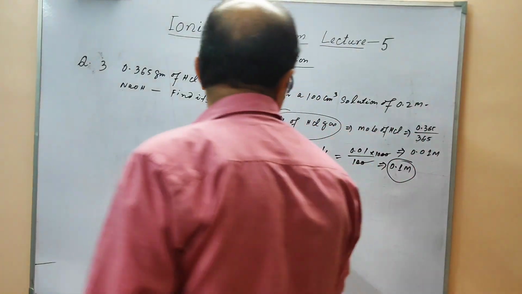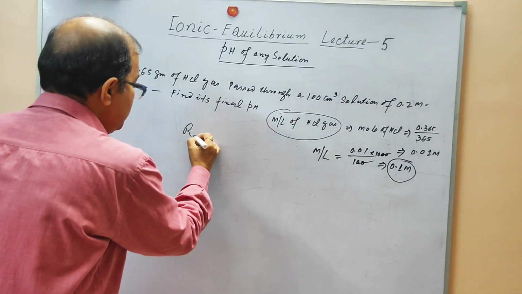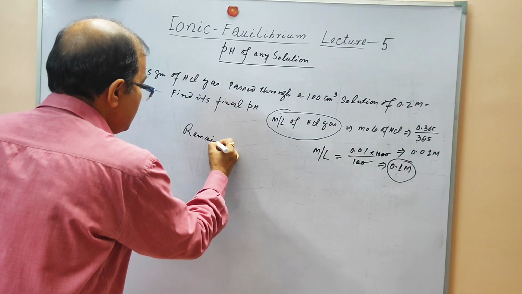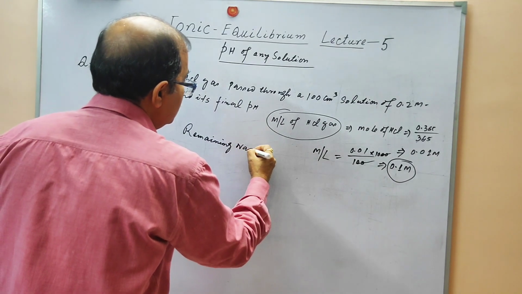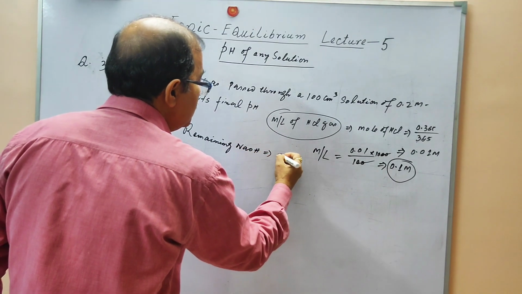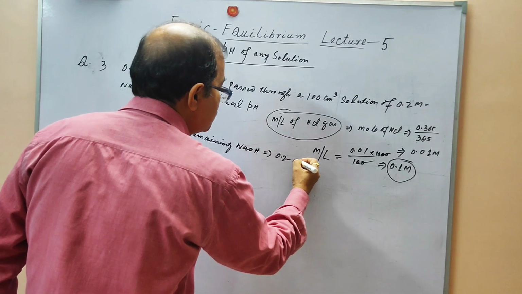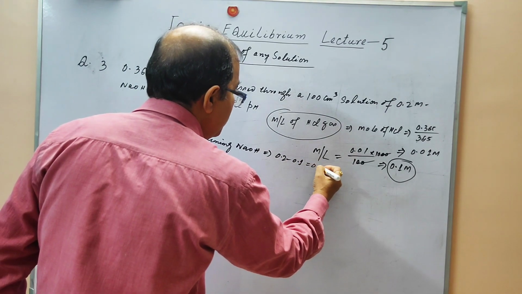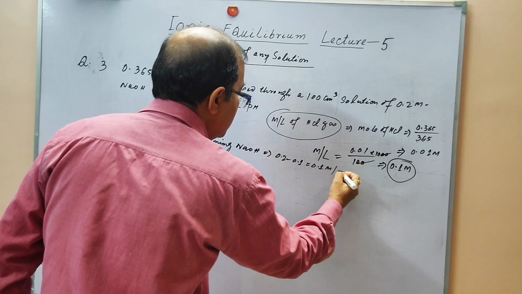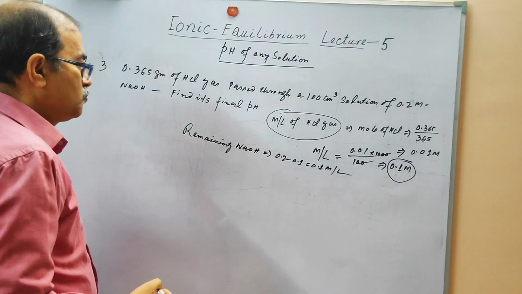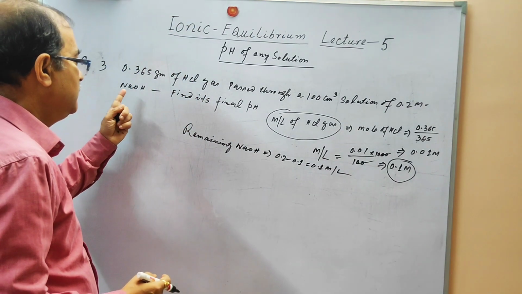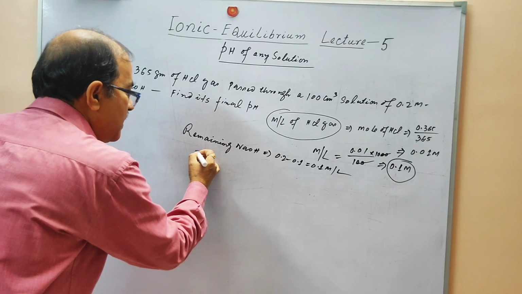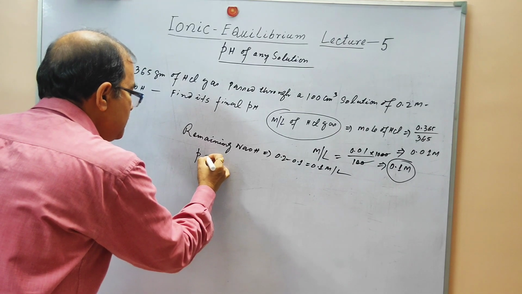So the remaining NaOH is 0.2 minus 0.1, which is equal to 0.1 mole per liter. So you have to calculate the pH, but now you calculate the pOH.